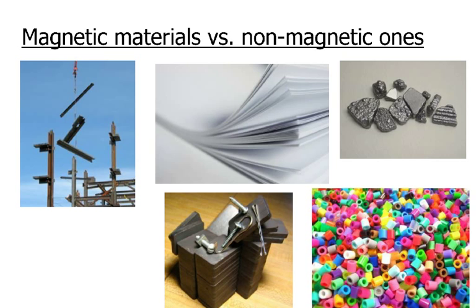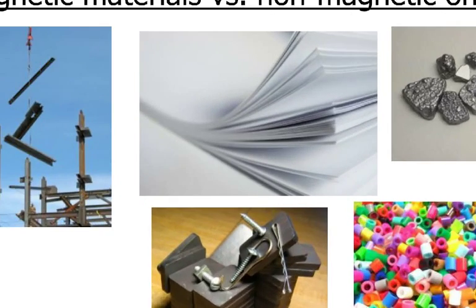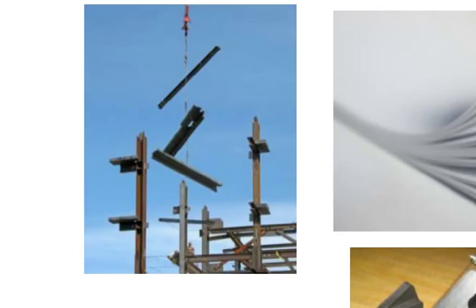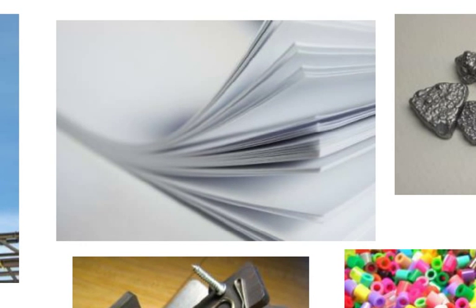Alright, so let's talk about what things are magnetic and what things are not. And again, you probably already know this, but in any case, here are some steel girders being hooked together for the frame of a building. Magnetic or not? Yep, those are magnetic. How about paper? A stack of paper.